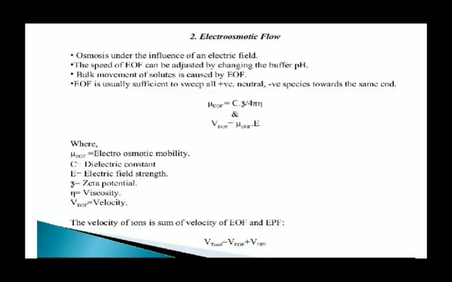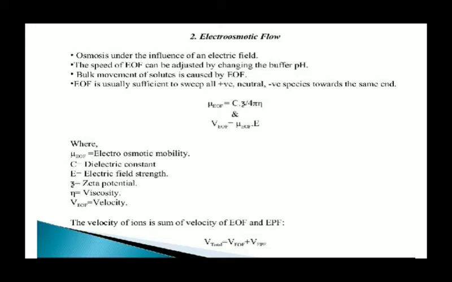Next is the electroosmotic flow. This flow occurs when the buffer moves through the capillary in response to the applied electric field, that is, osmosis under the influence of an electric field. The speed of this electroosmotic flow can be adjusted by changing the pH of the buffer, because the response from the buffer after applying that electric field will be counted, right?